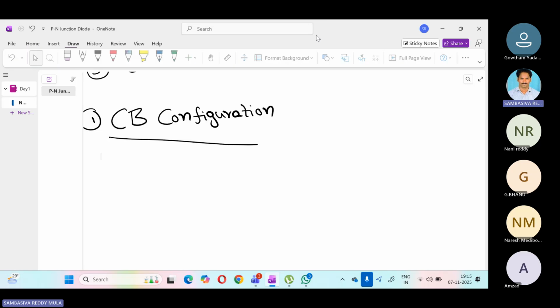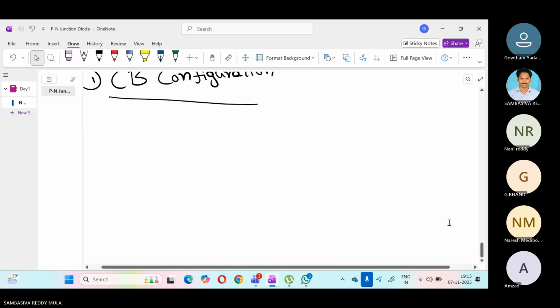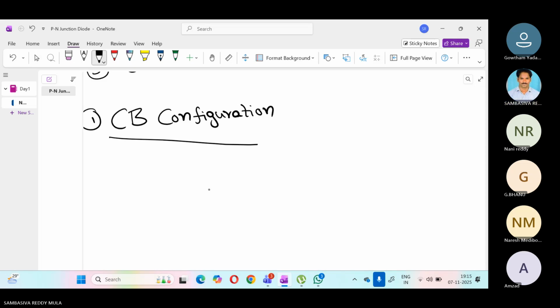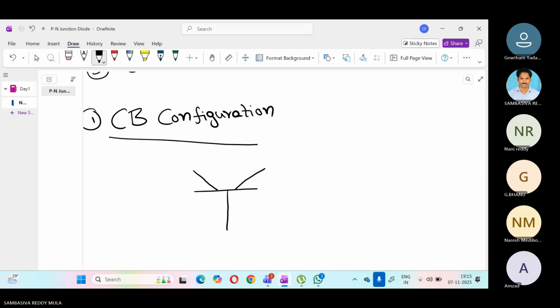First we'll draw the circuit diagram. So this is the emitter terminal. The arrowhead represents the emitter. This is the base. This is the collector. So the emitter is considered as the input in the common base configuration.